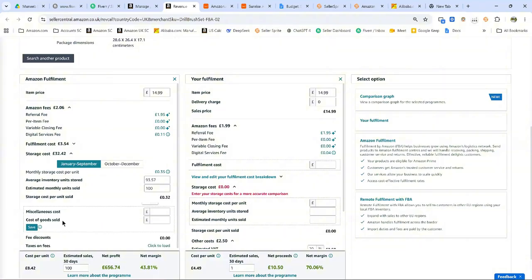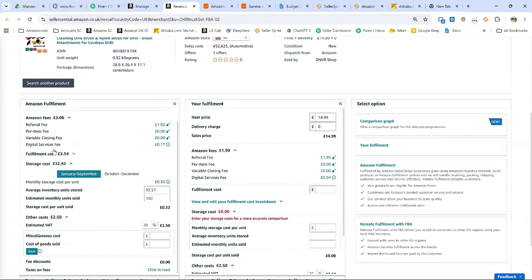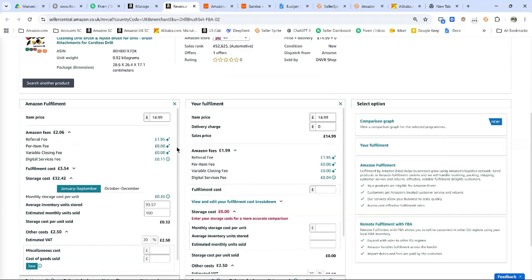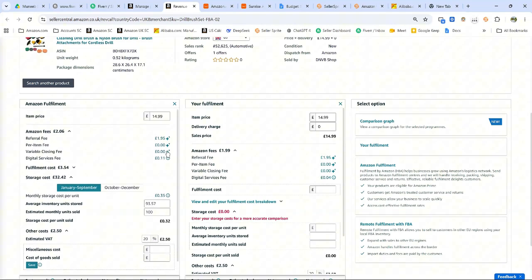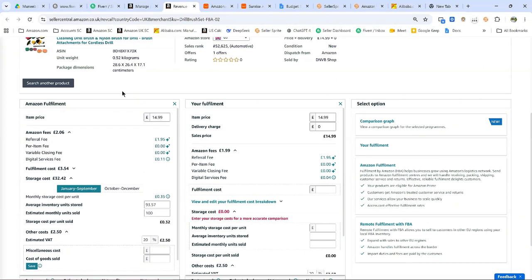If the fulfillment cost plus the Amazon fee is less than 35%, it's a good point for us, our criteria is fulfilled. But if it's more than 35%, like let's say the selling price is $10 and the Amazon fee plus fulfillment cost is $5, it means 50% of the price is covered by just the Amazon fee.